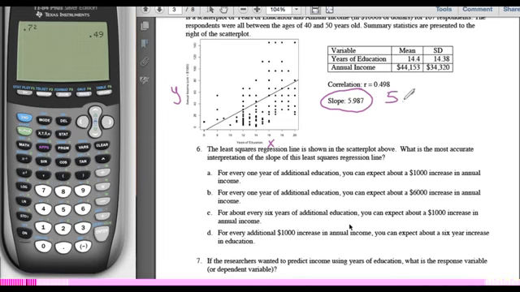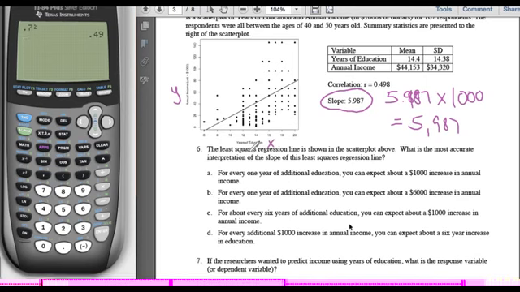So I would take this 5.987, multiply that by 1,000 because this is in thousands of dollars, and that's going to give me 5,987. So I'm saying I would expect your annual income to go up by $5,987 as your X, or your years of education, goes up by 1.